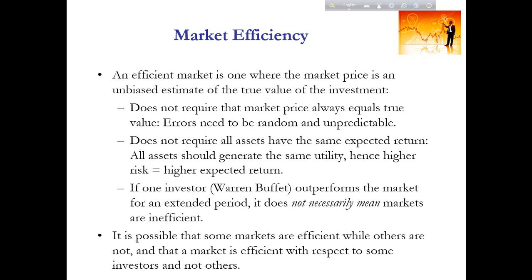As we previously learned, expected returns should be a function of the risk of an investment and most particularly the systematic risk. Hence, all assets, in order to generate the same utility, are going to require different rates of expected return as compensation for different levels of risk. So basically, what we should see is a relationship between risk and return.